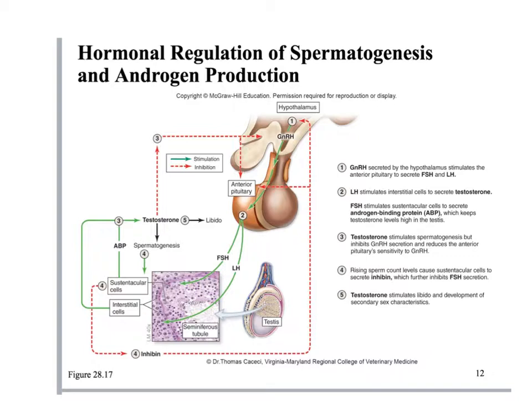Androgen binding protein is important, and it's produced by those cells; it helps with the production of testosterone and the binding of testosterone in the blood. That helps to increase libido, increase muscle gain, development of body hair, deepening of the voice, etc. Secondary sex characteristics of males.